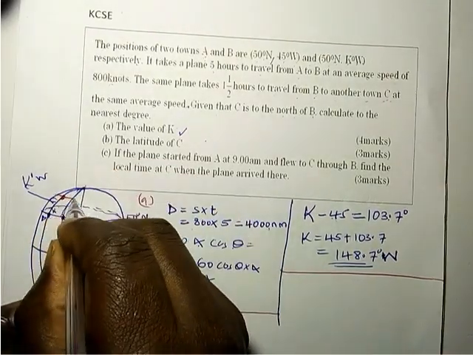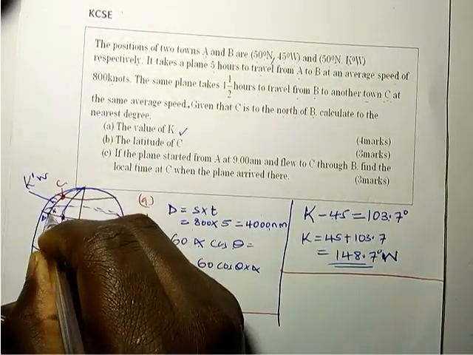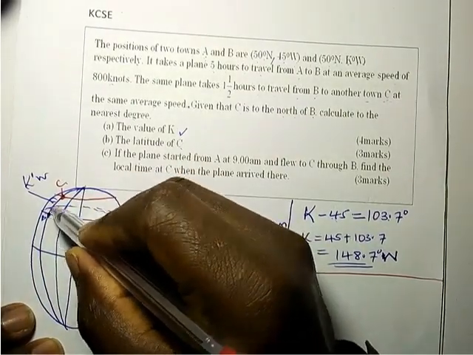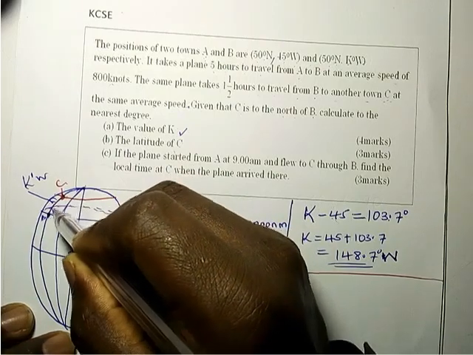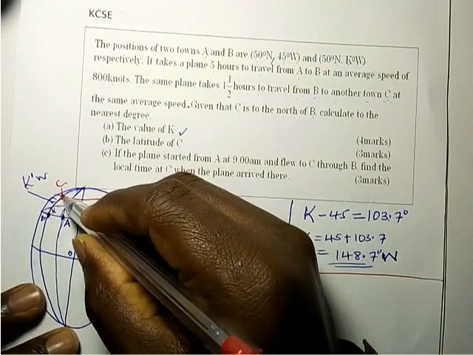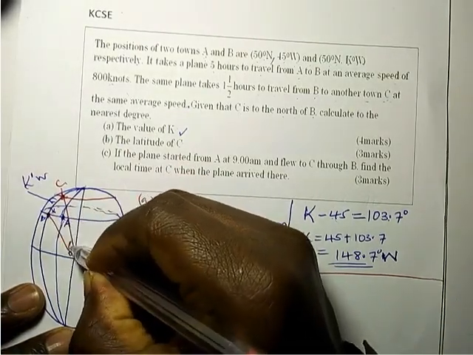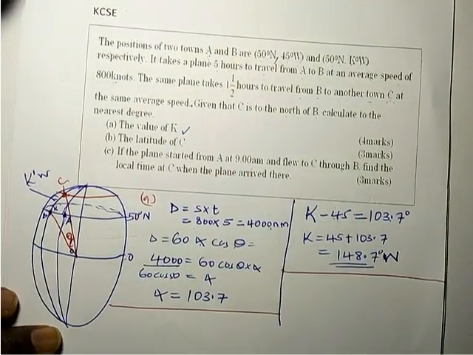So this one is C. You can see clearly that B and C are on the same longitude but different latitude. Therefore, it is on the great circle. So their center comes here, and we are going to look for this theta, that is the angle difference.